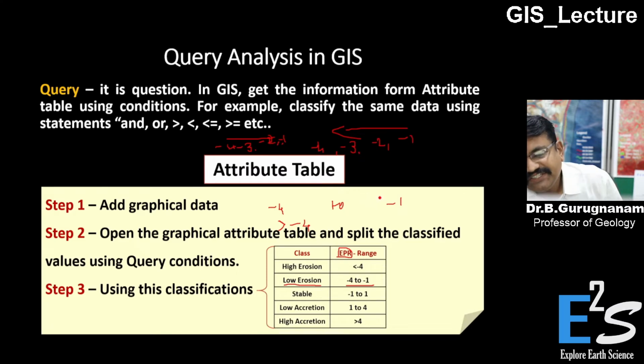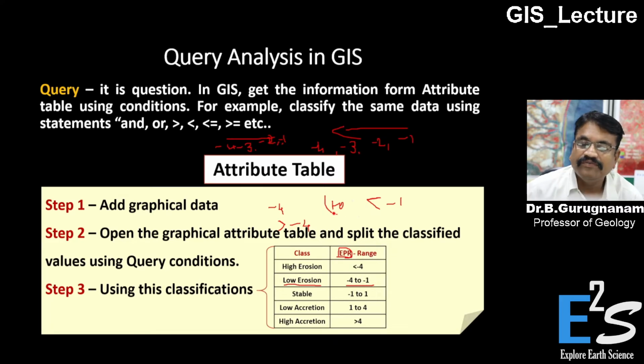This is how we study from -1 to -4. I mean you have to select now by applying this formula for assessing between -4 to -1, to split the classified value using query conditions.